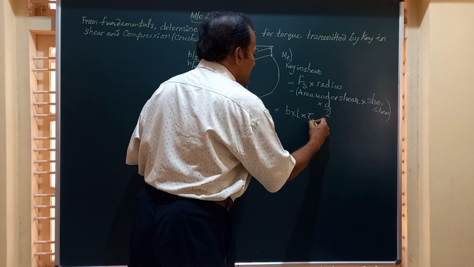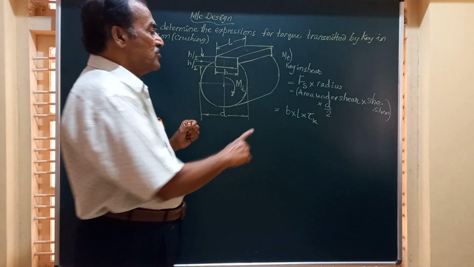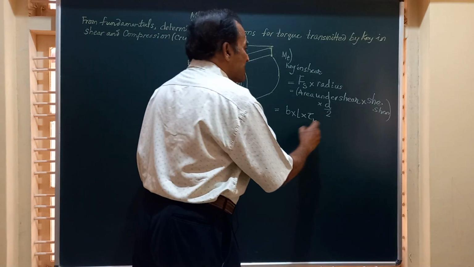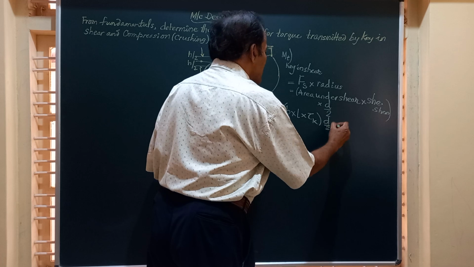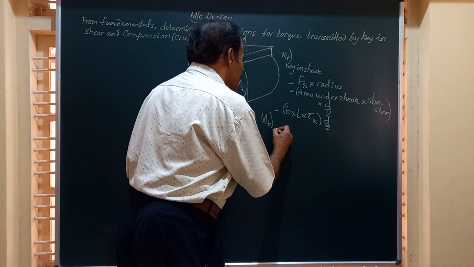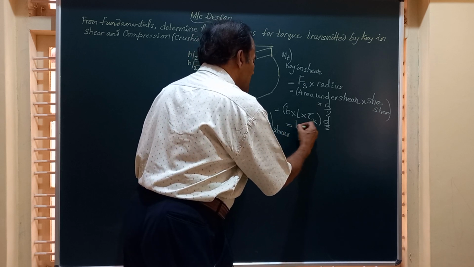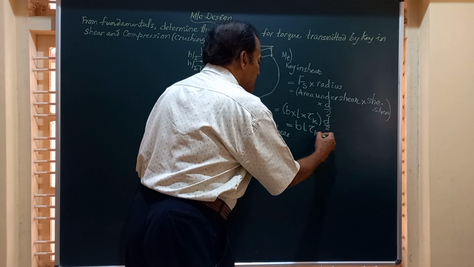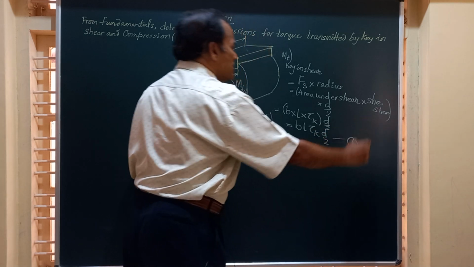Since it is for key, I designate it as tau K, where tau K is the shear stress in the key, multiplied by D by 2. Finally, we can write that Mt of key in shear is equal to B L tau K multiplied by D by 2. We will call this expression number 1.